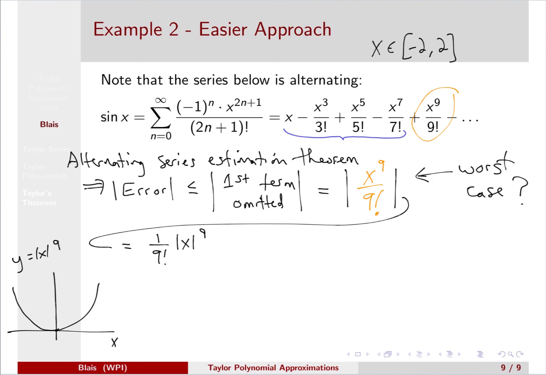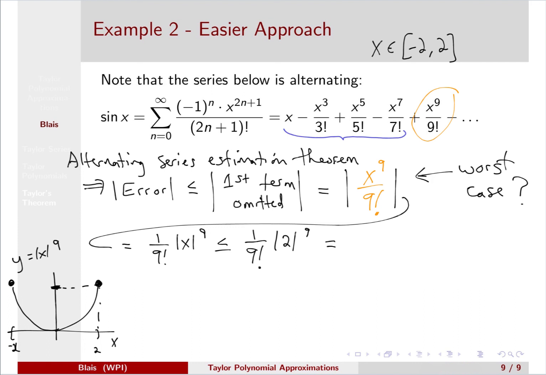And if we're working on minus 2 to 2, again, our maximum occurs at the endpoints 2 and minus 2. So we know that this is less than or equal to 1 over 9 factorial times the absolute value of 2 raised to the 9th power.